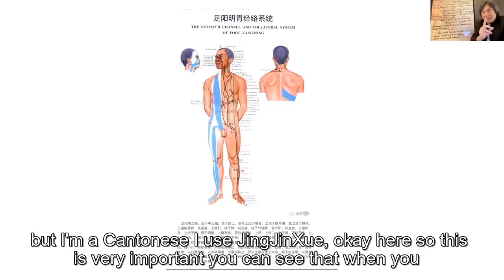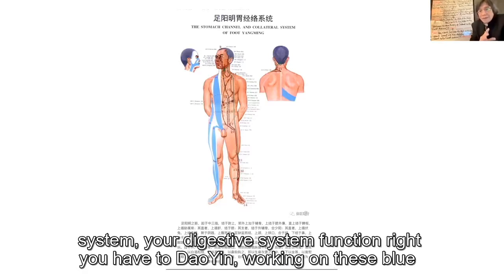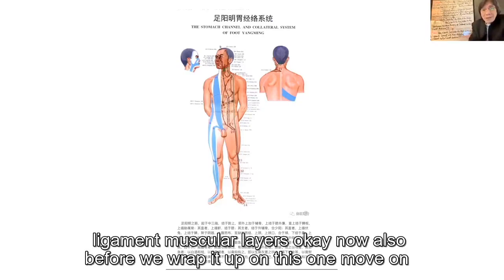You can see that when you exercise, if you want to improve or regulate your stomach, your digestive system function, you have to Dao Yin, working on these blue ligament, muscular layers.